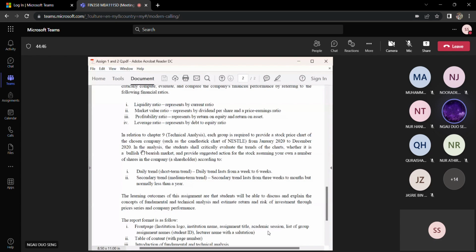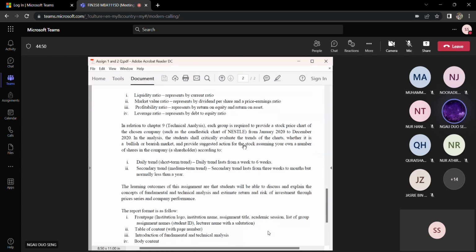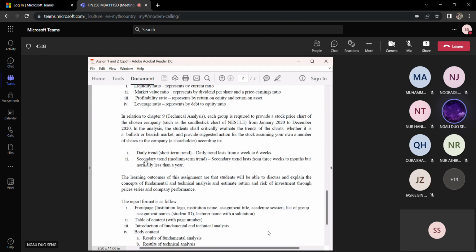In the analysis, students shall critically evaluate the trend of the chart, whether it is a bullish or bearish market, and provide a suggested action for the stock, assuming you own a number of shares in the company, according to the daily trend and secondary trend.